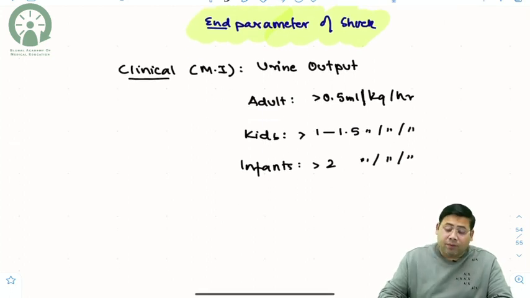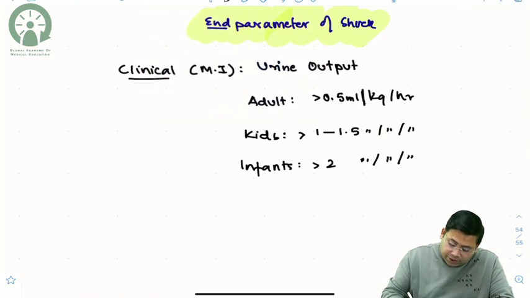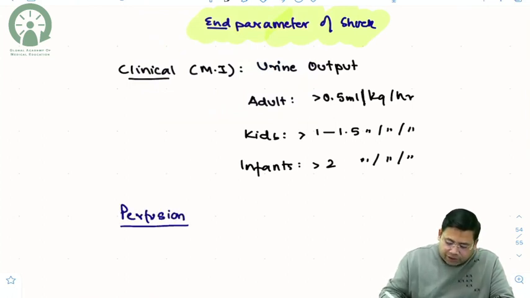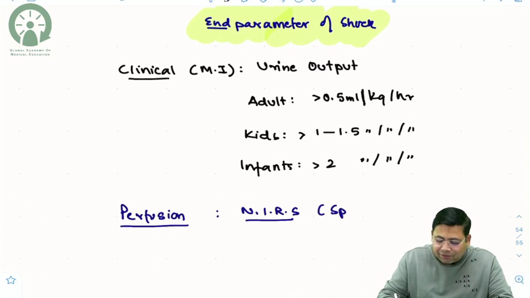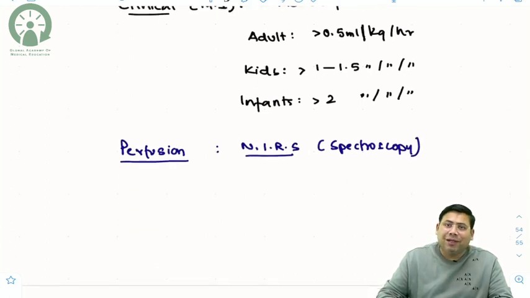Apart from that, there are some perfusion-based end parameters also. So what are the perfusion endpoints? You can say this is NIRS. What do you mean by NIRS? This is near infrared spectroscopy.